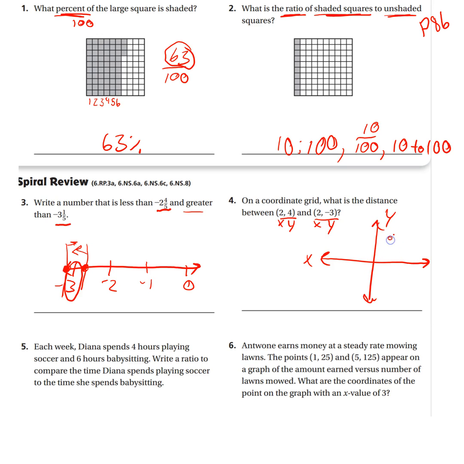So it'll be somewhere around there on your coordinate plane, but I want you to use actual graph paper. And then over 2, down 3, so it's going to be somewhere over there, and then you're just going to count the boxes, the distance between the 2 points. So I expect to see graph paper work on number 4.